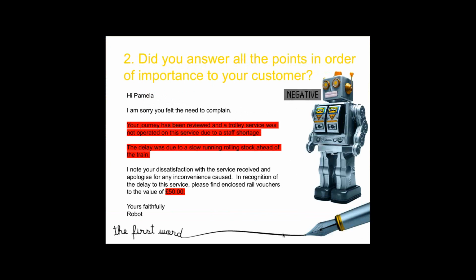So here we can see it highlighted. We've got the trolley service not operated, then the delay, and then a really, really important bit of information right at the bottom is the £50. And I think that's too late. Mrs. Hanley, I don't think she's writing in here because she wants money, although she might be, but she's probably interested in it, so let's put that up front.